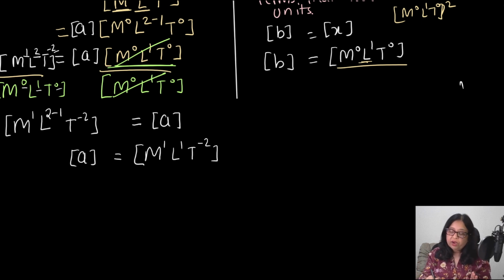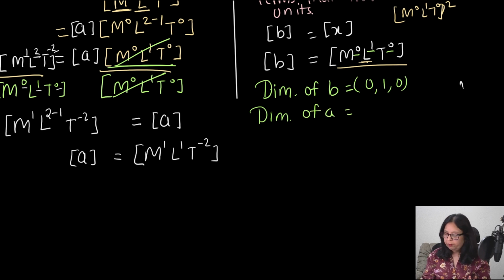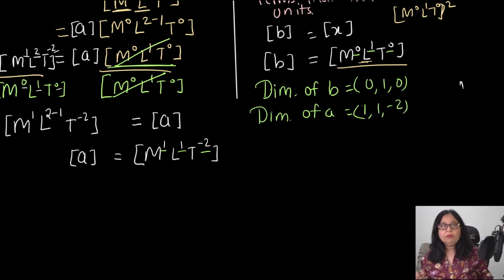We are asked to find the dimensions of A and B. So from here, I can say dimensions of B equals 0, 1, 0 and dimensions of A are 1, 1, minus 2. Now 1, 1, minus 2. What else is this dimension of?